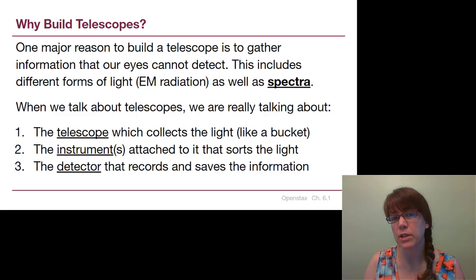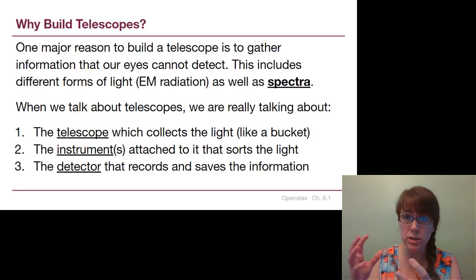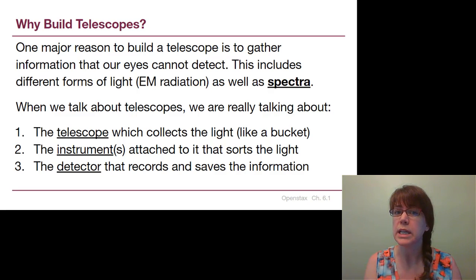But when we're talking about astronomical telescopes, we then have to do something with that light, with that information. And so we're typically including the discussion of the instruments that collect that light and sort it, either into pixels to make an image or into wavelength bins to make a spectrum, and then a detector of some kind that records and saves that information.